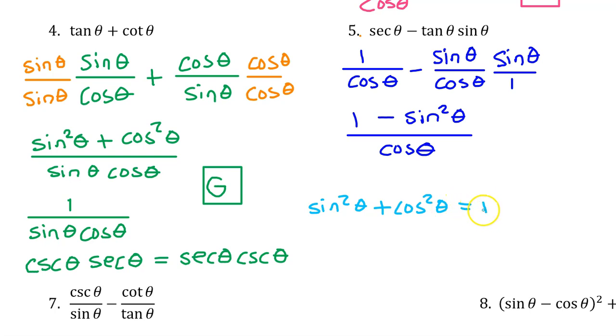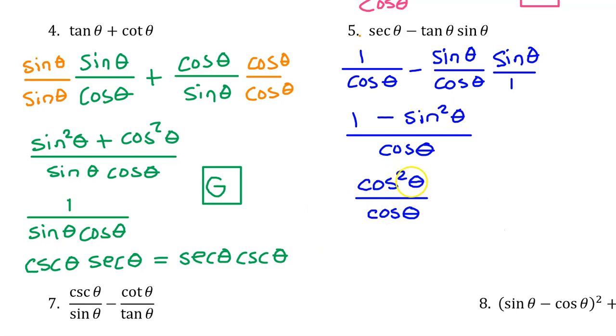is equal to 1. If I were to subtract sine squared theta from both sides, we would get cosine squared theta is equal to 1 minus sine squared theta. So 1 minus sine squared theta is equivalent to cosine squared theta. Let's make that substitution.